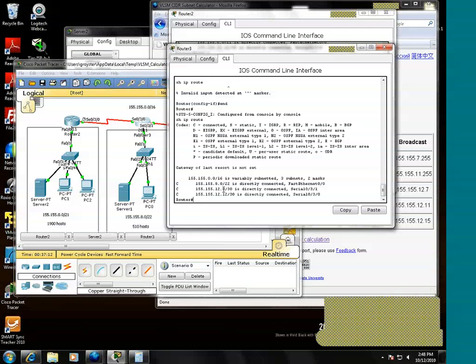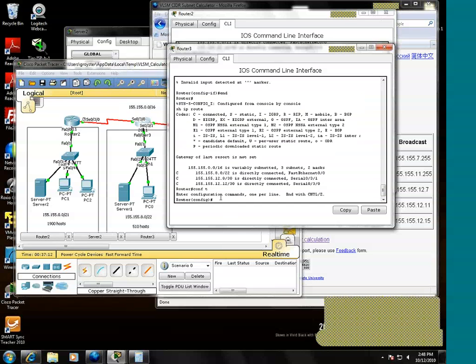All right. So what do we have to do to fix this problem? We've got to put a static route in this particular router. Okay, so let's do that. The destination network is 155.155.0.0, and the subnet mask is 255.255.